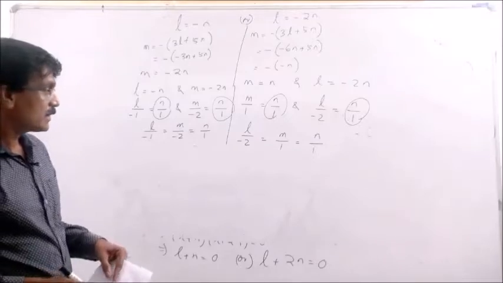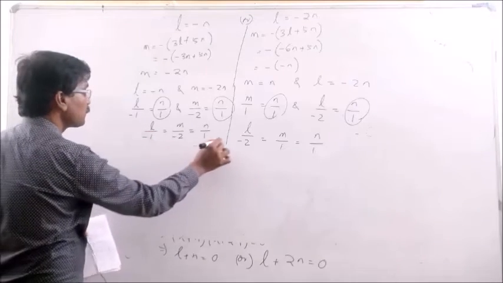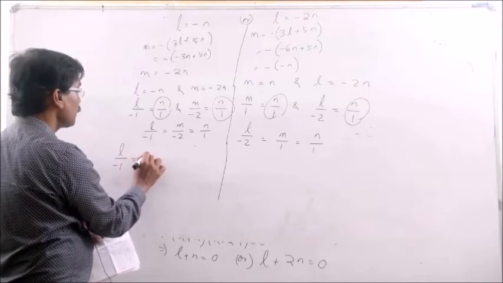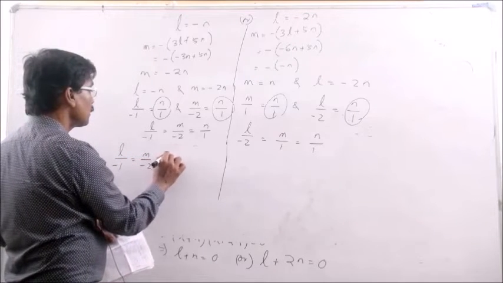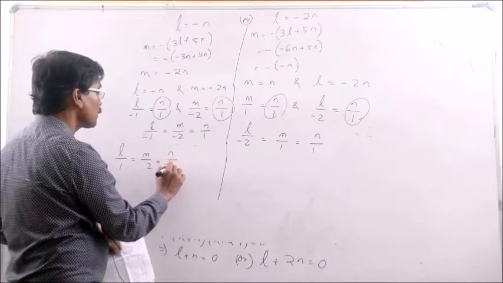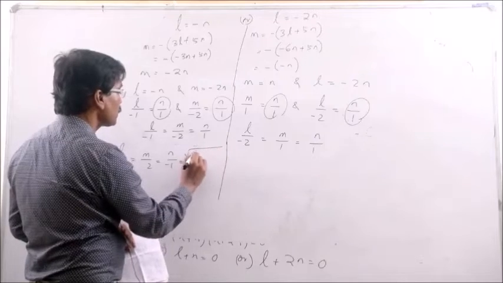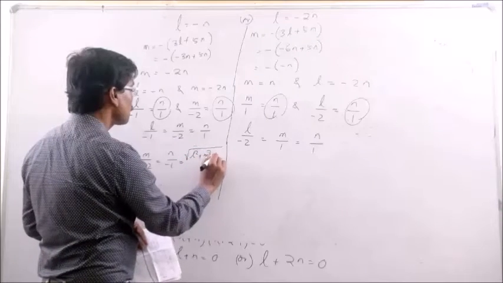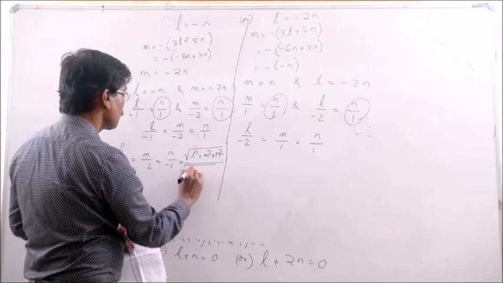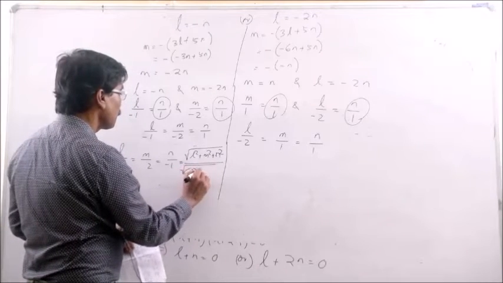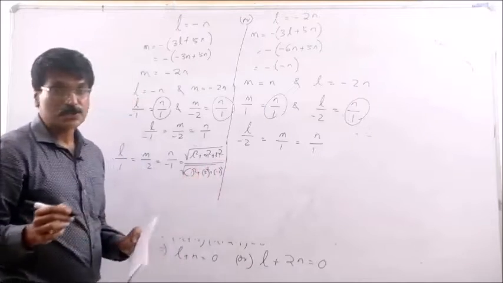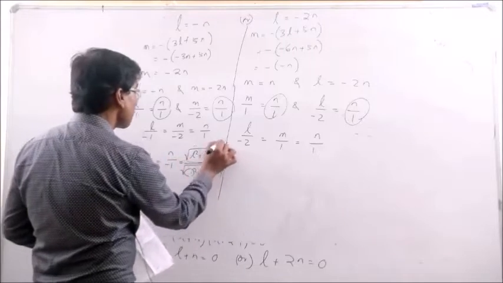So to find its direction ratios, we have again on simplification, l by minus 1 is equal to m by minus 2 is equal to n by 1, which is equal to common out, n by minus 1 root over of l square plus m square plus n square, root over of minus 1 square plus 2 square plus minus 1 square, and l square plus m square plus n square is equal to 1.